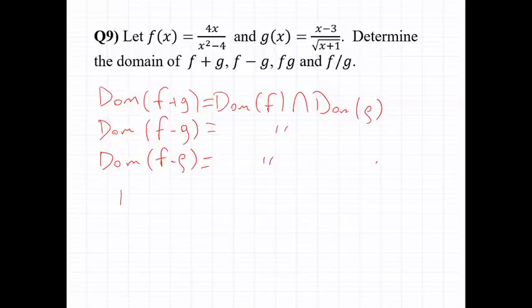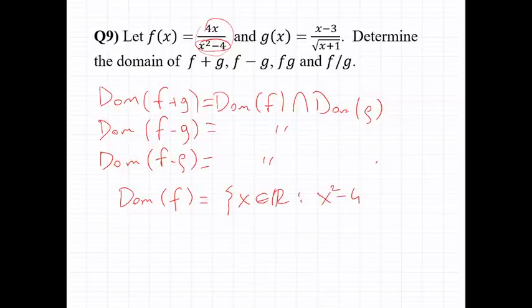Now, the first thing we have to do is, what's the domain of f? So you look at here, this is a rational expression. This is like a fraction, we don't want 0 here. So you have to say I accept all x values, but x squared minus 4 should not be equal to 0. When you solve this, you get x equal to 2 and minus 2.